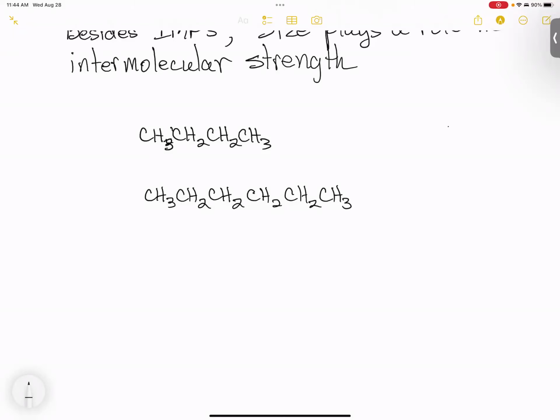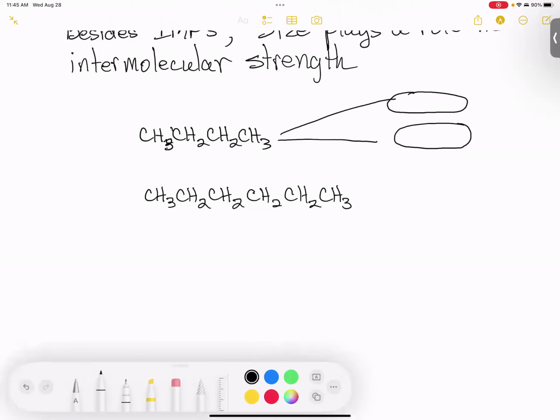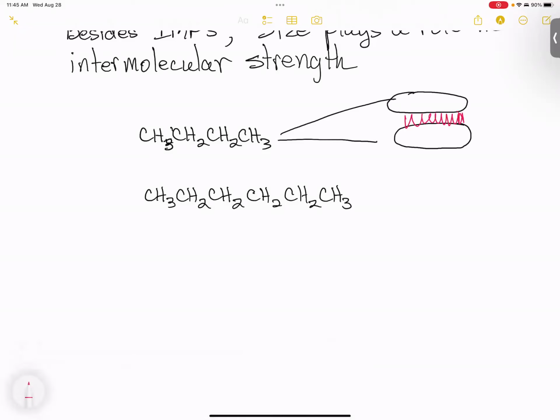Then when we look at it from a size perspective, if I have two of these molecules, they're going to have a decent amount of opportunity for intermolecular forces, those temporary dipoles.